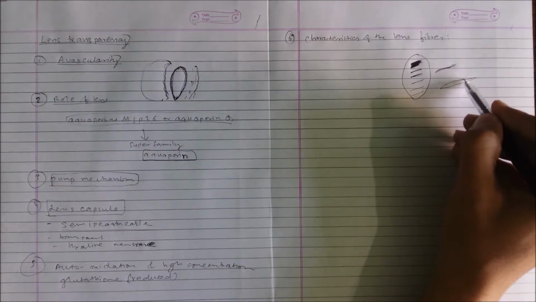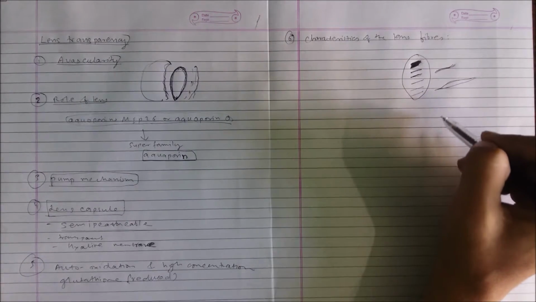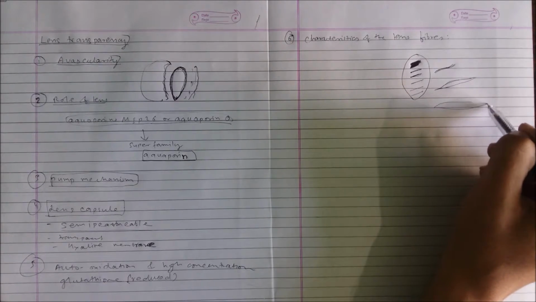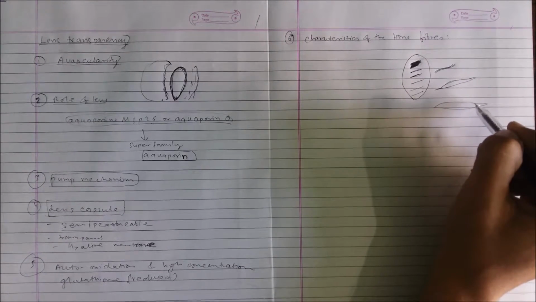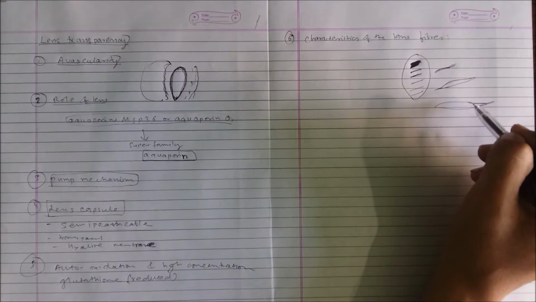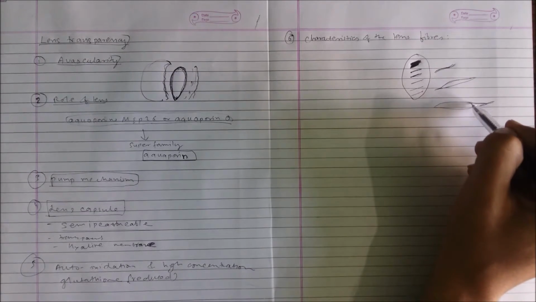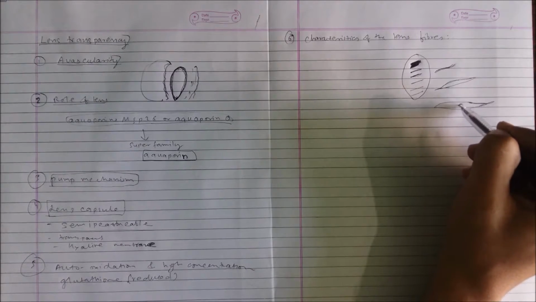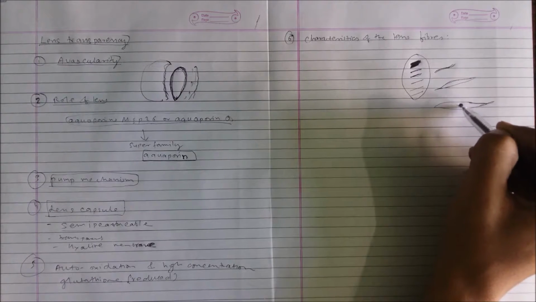As I already told in the previous video, these lens fibers are nothing but the elongated columnar epithelium in the equatorial region of the lens, right? So when the epithelium matures and elongates, they lose organelles like the nucleus, which would otherwise interfere with the transparency of the lens.